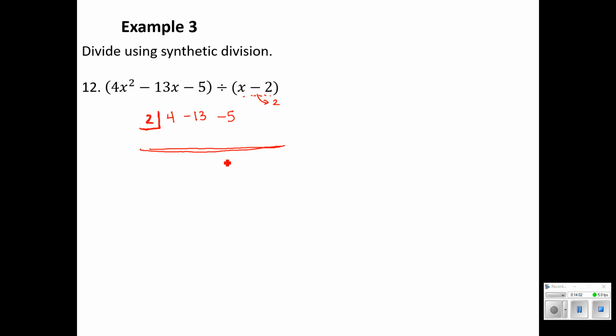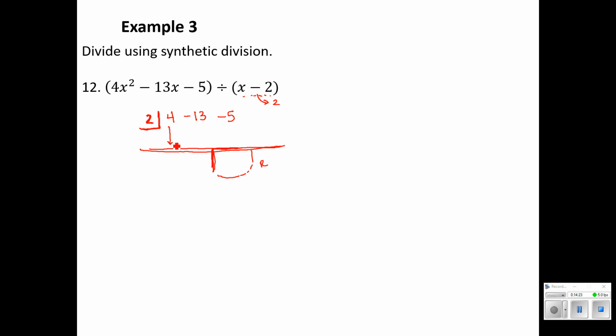In line with this negative 5, I like to put a little separator there because our remainder will show up down in this corner. You'll see a lot of arrows and a lot of multiplying and adding together. That's exactly streamlining the process of long division.